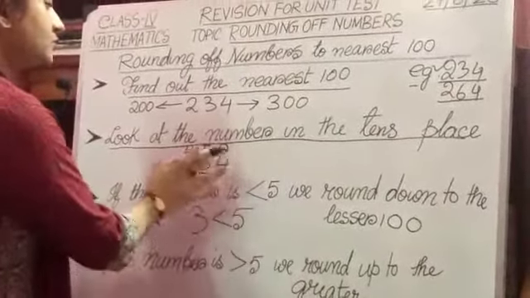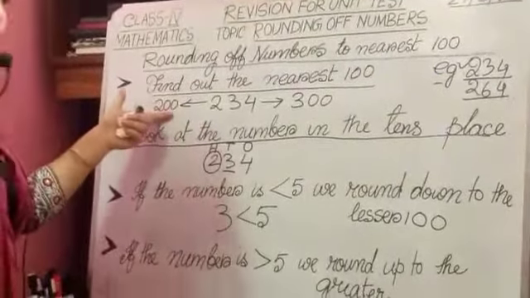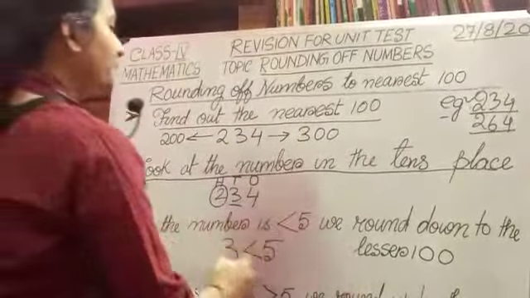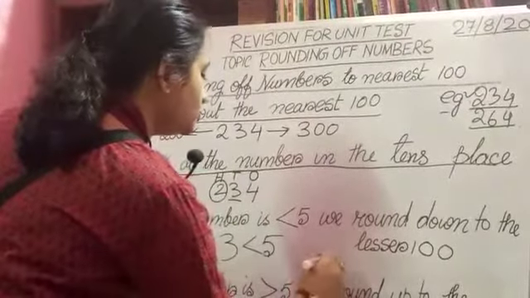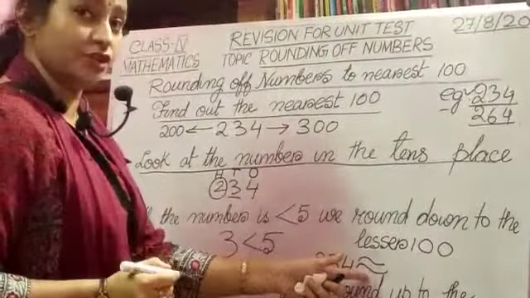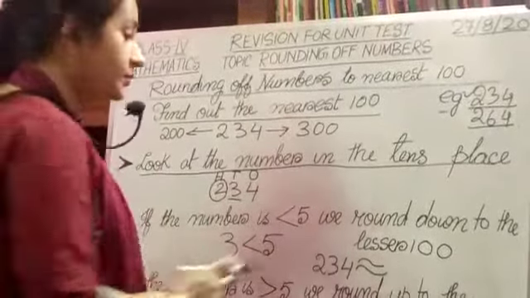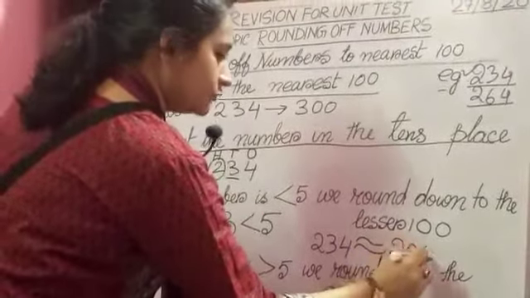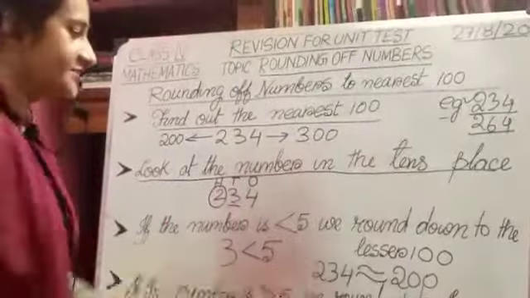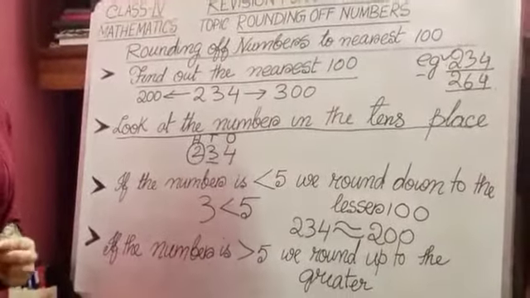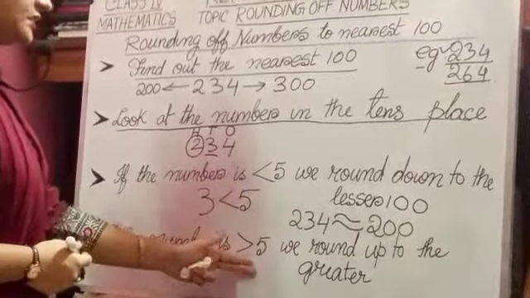We have to round down this number to the lesser hundred, that means 200. We are not going to the greater hundred; we are coming to the lesser hundred. So we can write 234 can be estimated, I have taught you the estimation sign, I hope you all remember, rounded off to 200 since the number in the tens place is less than 5. Here we don't have to consider the fourth step.